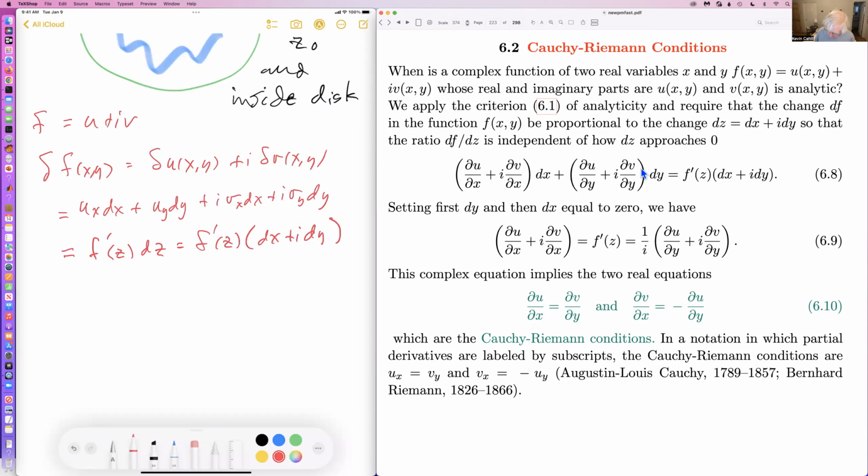And so if we look at the parts dx and dy, we have here a dx part, and here a dx part, and here a dx part. And so this is saying that u sub x plus i v sub x dx should be f prime dx.